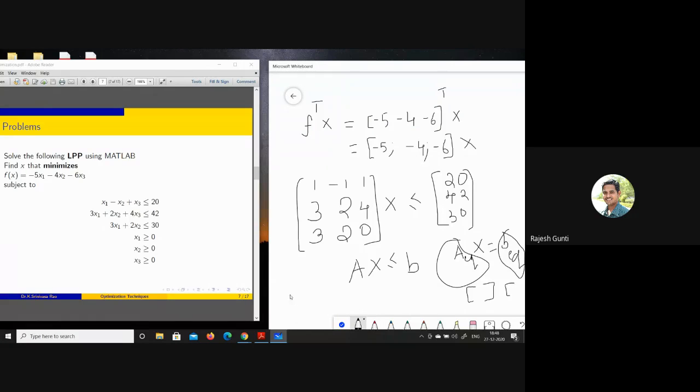This is the lower bounds: 0 is less than or equal to x. How to write this in terms of a matrix?